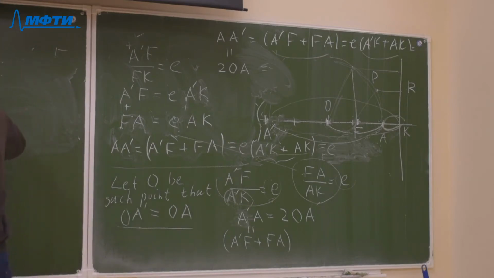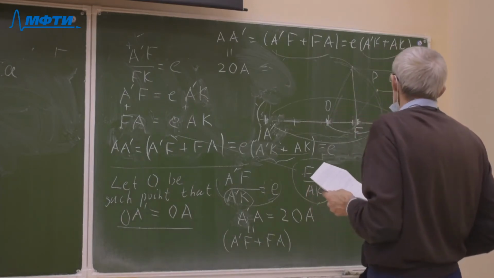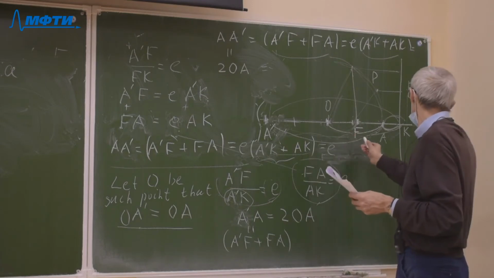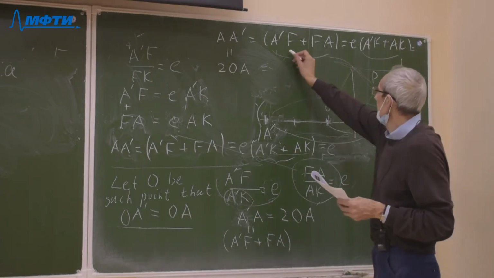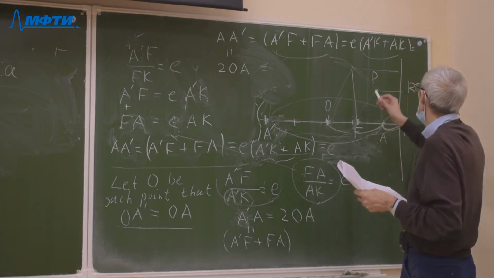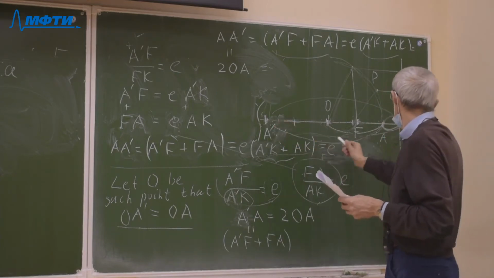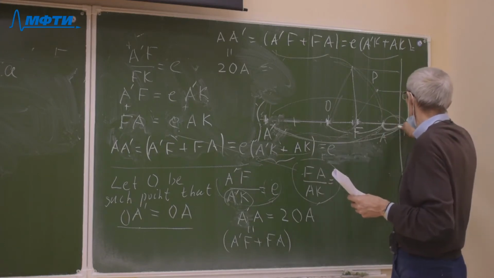Let's denote OF by A. And this is equal to OF. And A prime K plus this one.